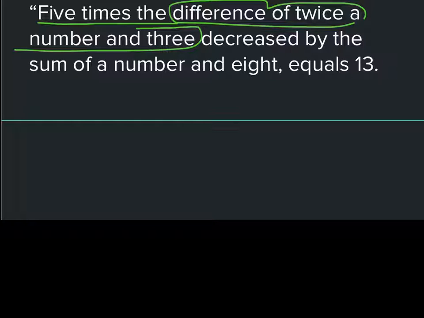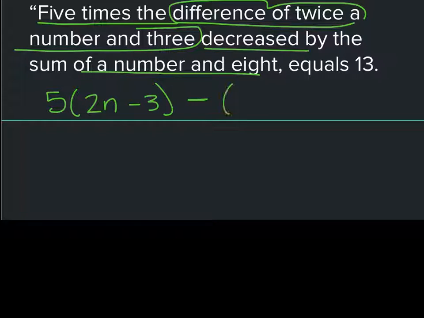Difference is subtraction, so twice a number and 3. Decreased by, so that would be minus the sum of a number and 8. Sum is addition, and equals 13. So that's technically what we would have here.